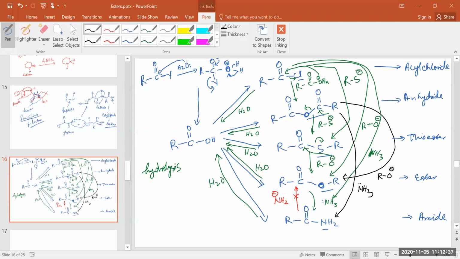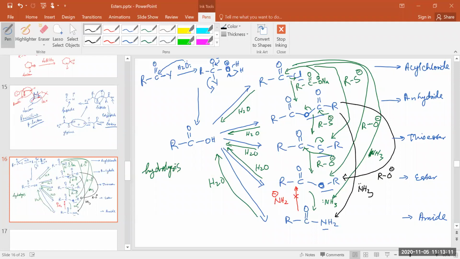So you can take any combination and do these functional group transformations. This is a key thing to remember: acyl chloride is the most reactive, then anhydride, then thioester, then esters and amides. In the last two lectures, we have seen the detailed reactions of esters and amides. Today, I gave you this brief idea and we will talk about a few more reactions.